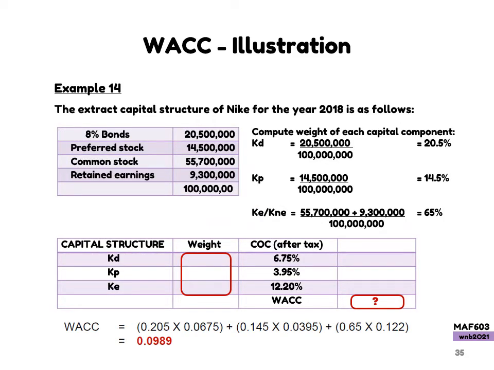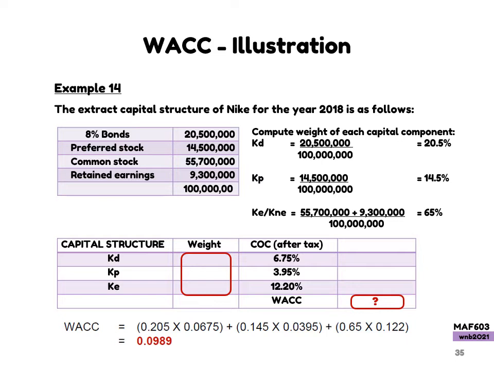What if the question does not inform or mention anything about the weight of financing? Just like example 14, the abstract capital structure of Nike for the year 2018 is as follows. Given to you is the amount of funding for each individual component. So we don't know the percentages, only the values are given.